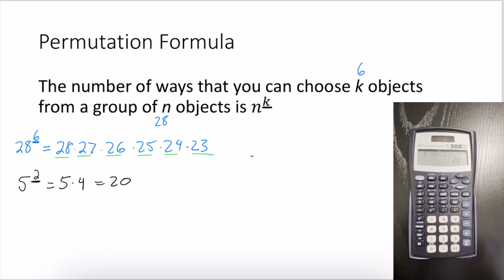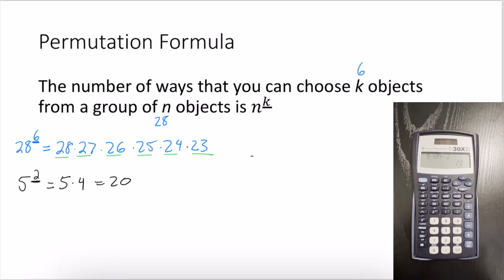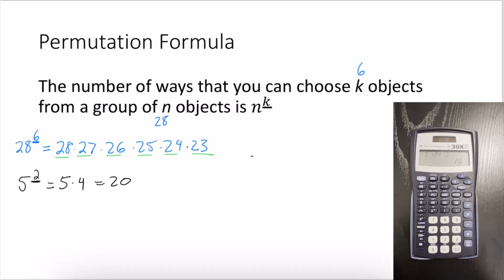But on your assignment, at least for today, I would still like you to write it all out so that you remember what it means. I'm fine if you use the calculator button to actually calculate what the number is, but I want you guys to write out what the multiplication means, because that will help us with later lessons.